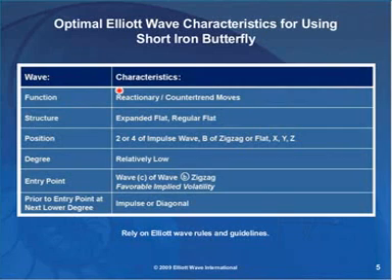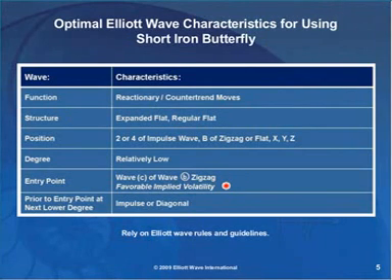The wave position is 2 or 4 of an impulse, be it a zigzag or flat, X, Y, Z, of a relatively low degree. This type of strategy is not for a big trending move. It's for these counter-trend moves. And our entry point is going to be the C wave, within wave B, preferably wave B zigzag.